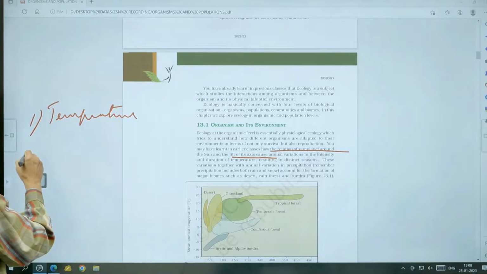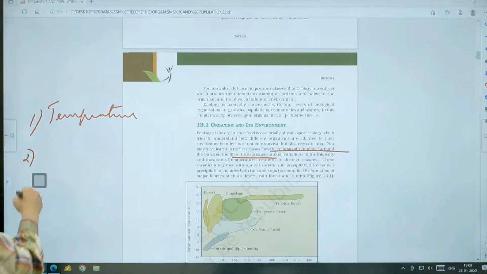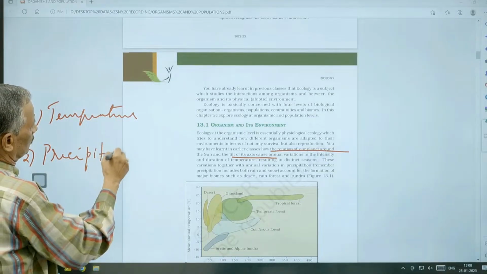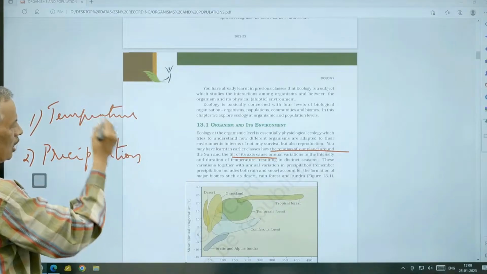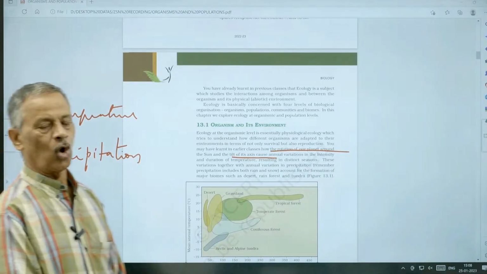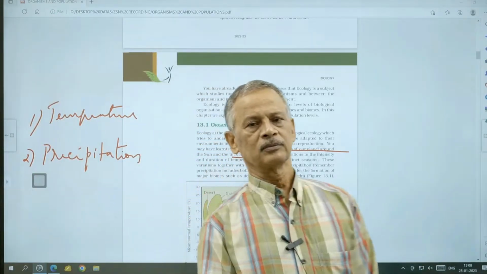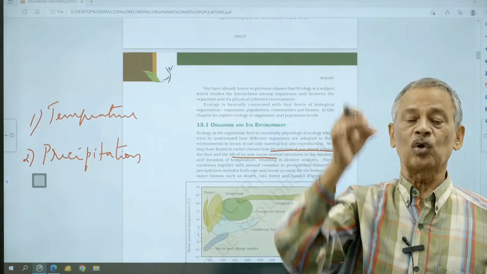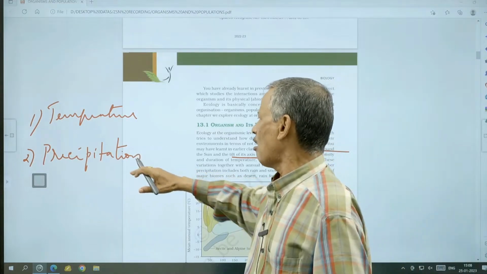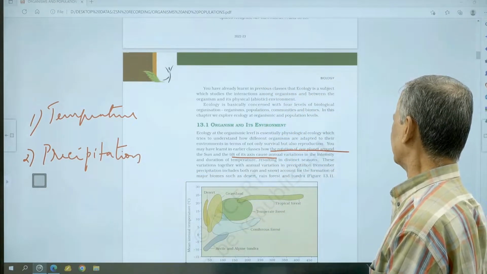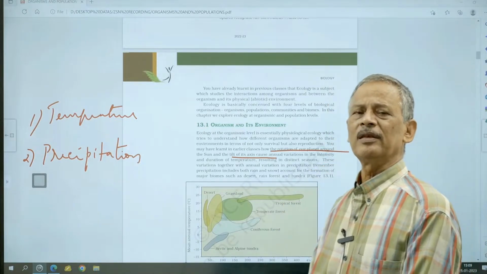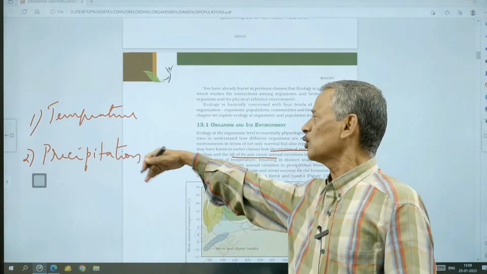Number two, precipitation. What is precipitation? Total amount of rain or snowfall. That is together called precipitation. Okay. That is the main reason. These two goes on changing.